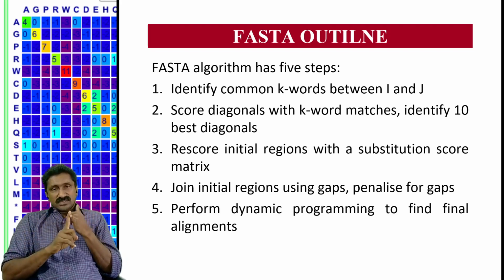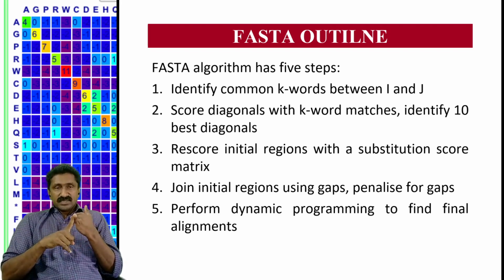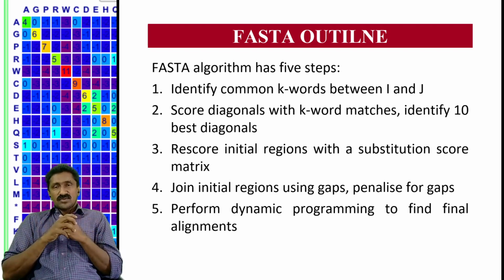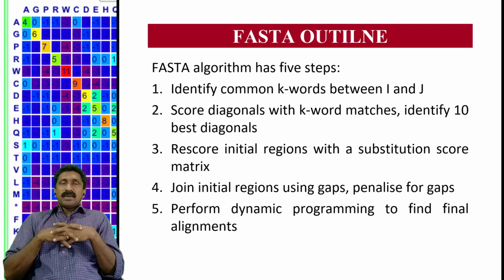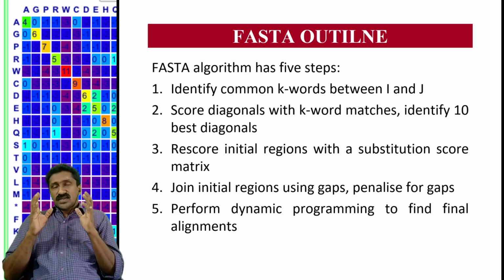So the initial step is identifying the keywords, or preparing the keywords or short sequences of words. Then look for matches of that exact word in the matrix and identify the 10 best diagonals.